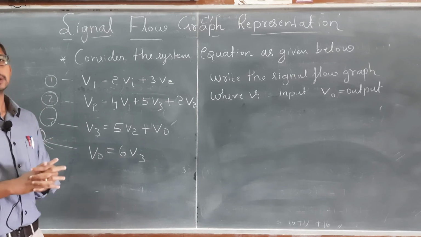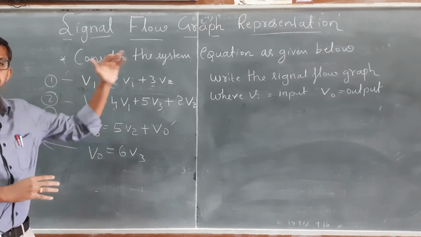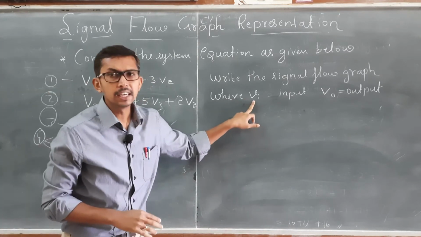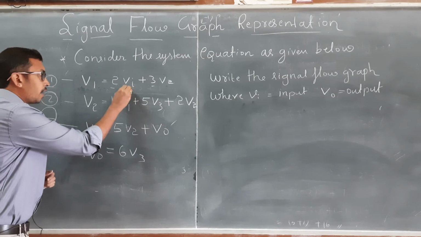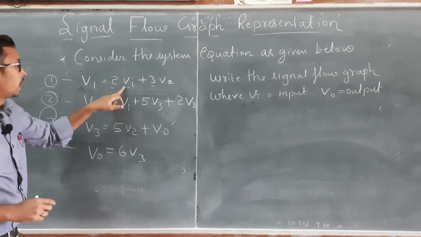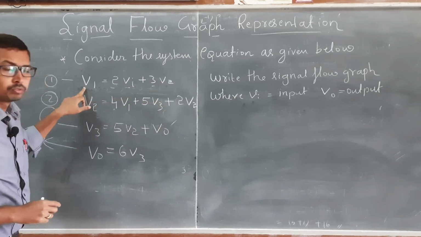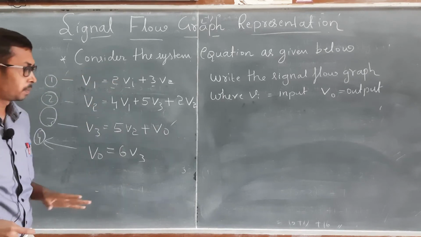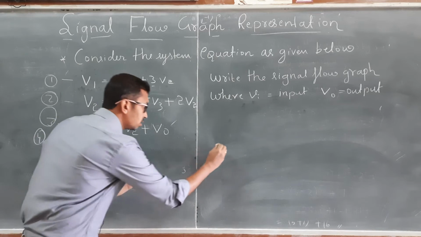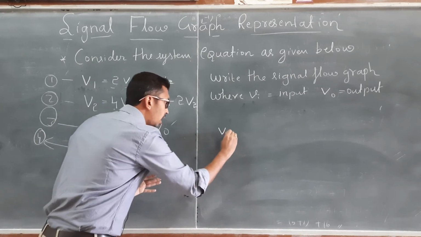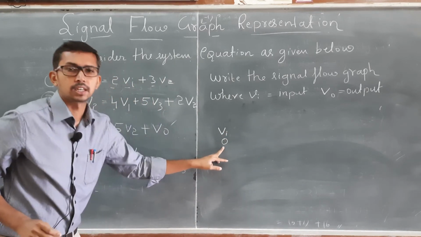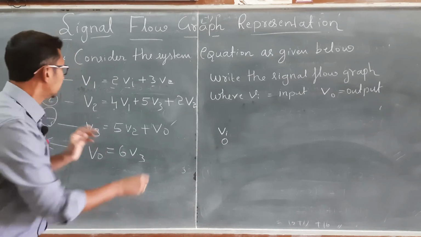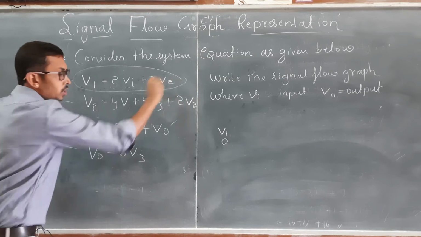How to represent this in terms of a signal flow graph? As I told, Vi is the input. So we have Vi as the input, and V2 and V1 are the variables, right? So we have the dependent and independent variables. The variables are represented as small circles. In this equation, how many variables are there?